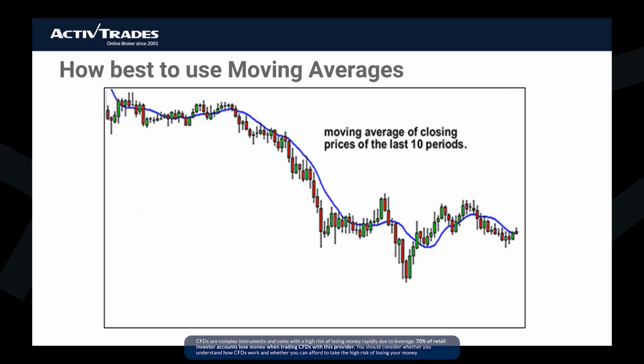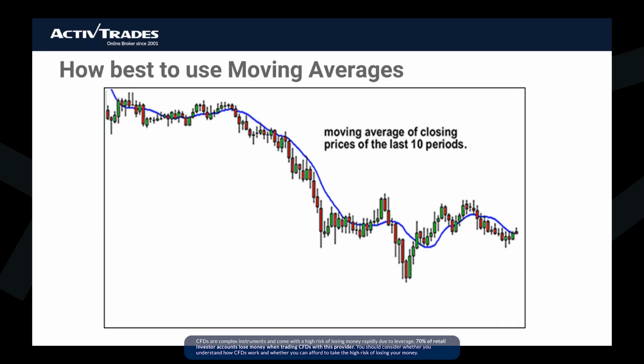So remember, if you're at the very start of your trading journey, a moving average is, as the name implies, a moving line on your chart that basically adds up the closing prices of whatever period that moving average might be.